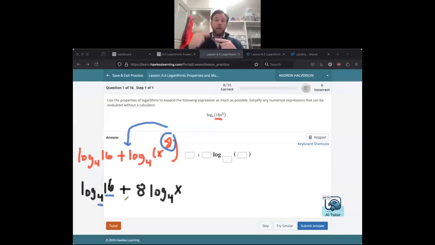Can you raise the base of 4 to some power that gives you 16? 2. So this thing here reduces down to 2. 4 to the second gives me the 16 that's in there. That's what the log reduces down to. And then you just bring down 8 log base 4 of x. And so now this is the answer.